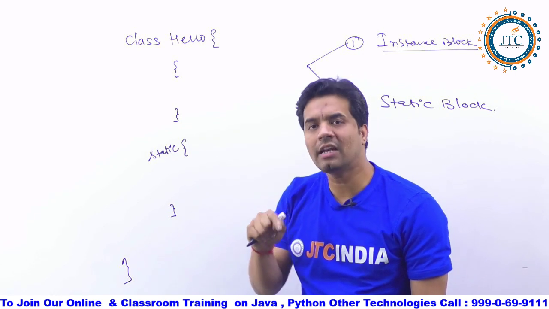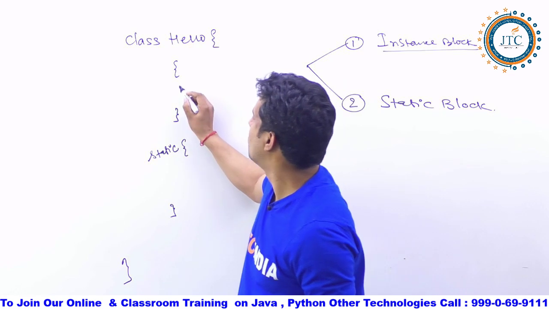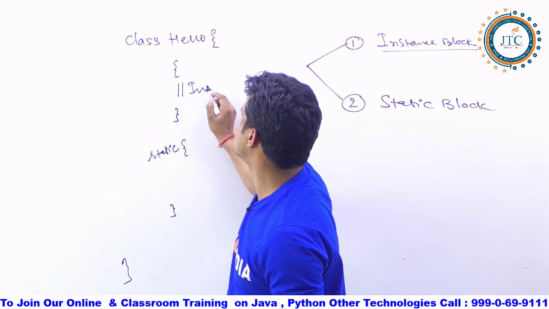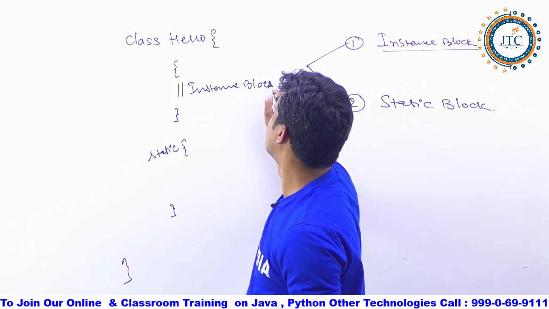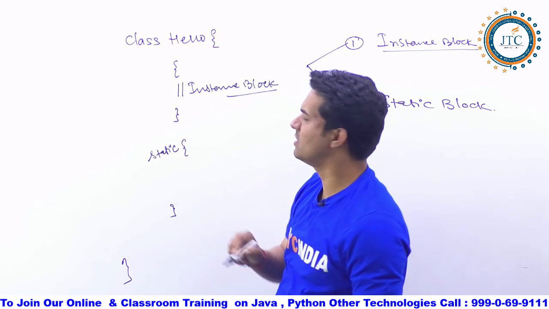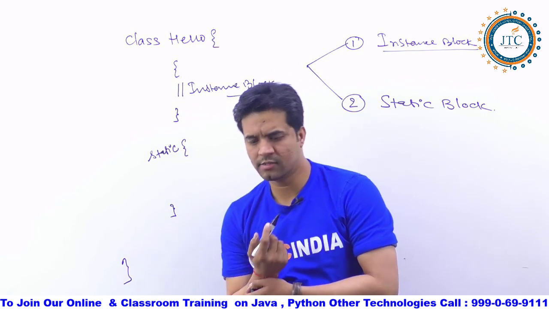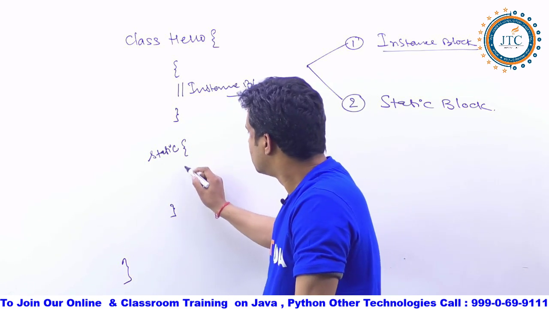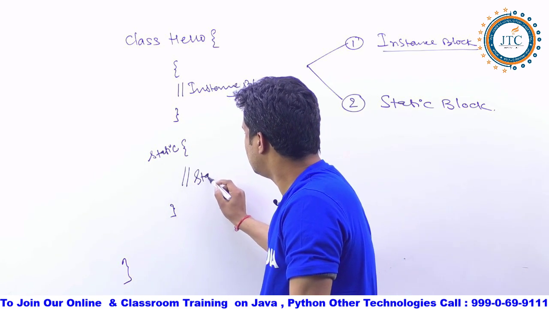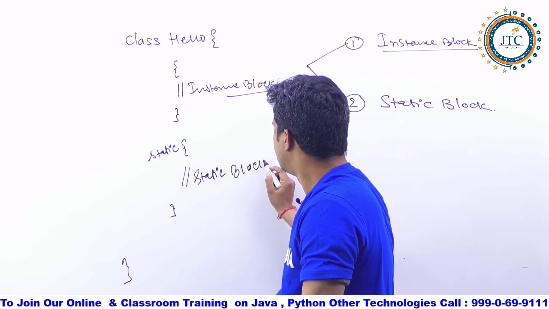And when you have not written anything associated with this particular block, we are going to call it an instance block. Now at the same time, this one we are going to call a static block.